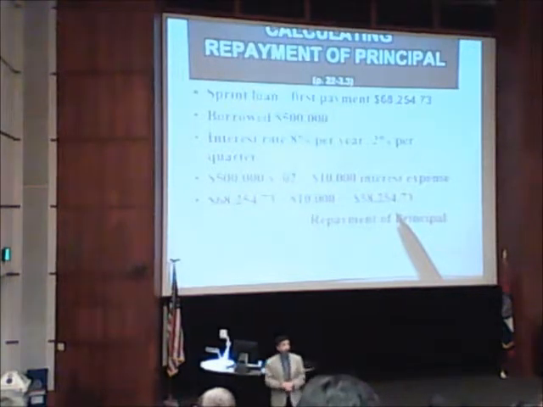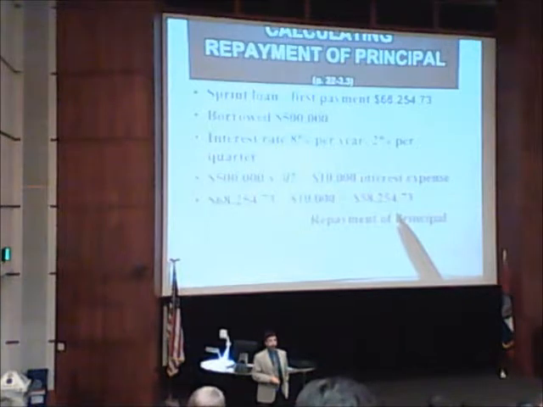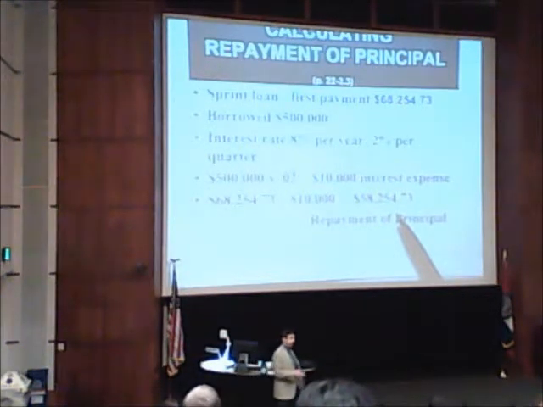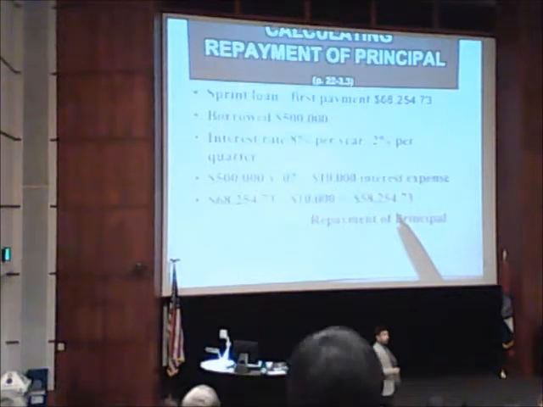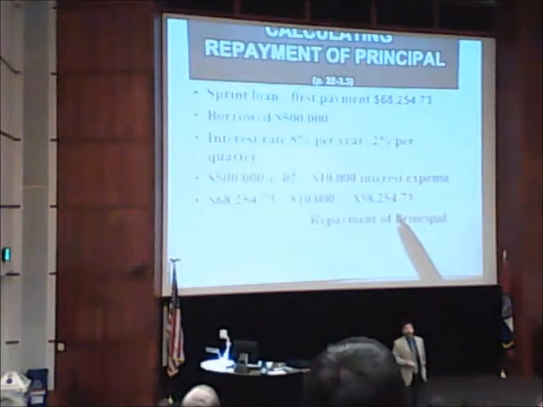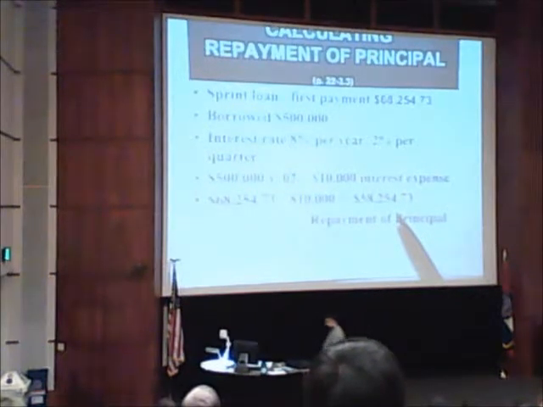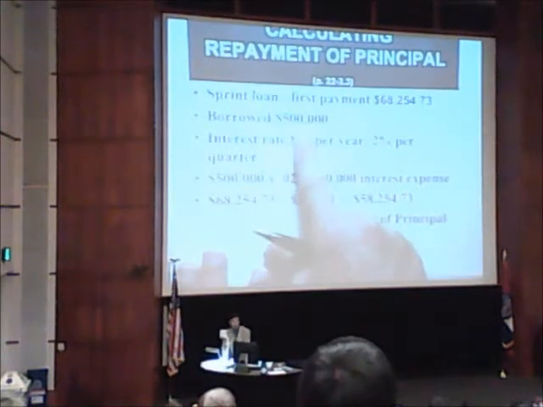If I were to then go on and ask the question, what is the interest expense portion of the second payment? Can anybody raise your hand and tell us how you would do that? How would you find the interest expense for the second payment? Yeah? Would you take what you've already paid, take that away from the principal, and then multiply it by 2%? Very good. In other words, this is what we used to owe.